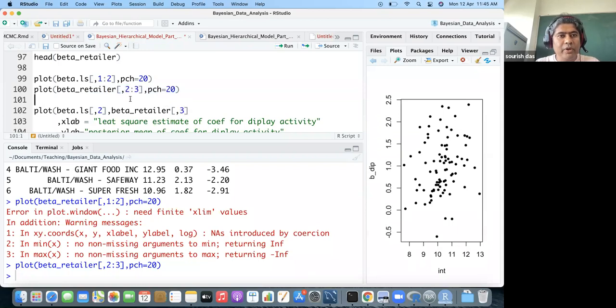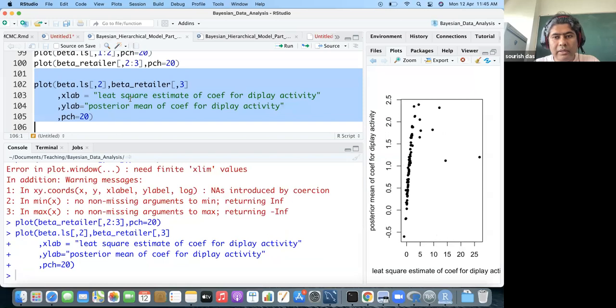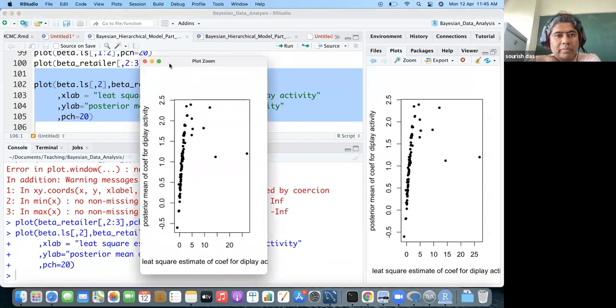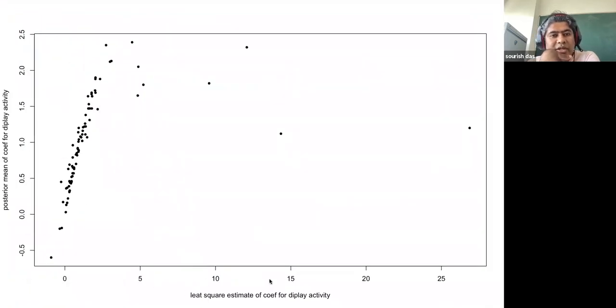This plot tells us the following. Let me explain a little bit. On the x-axis, we have the least squares estimates of the coefficient for display activity, and this is the posterior mean of the coefficient for display activity.